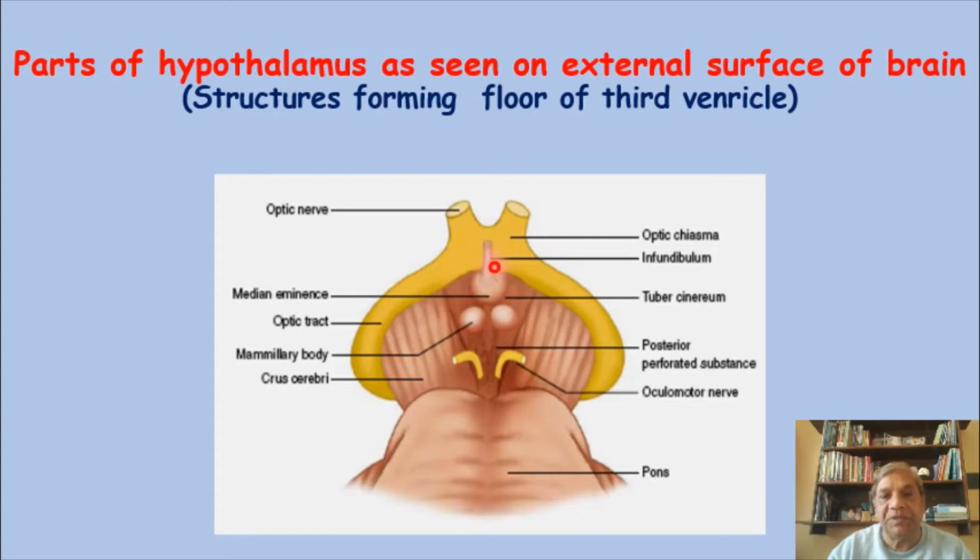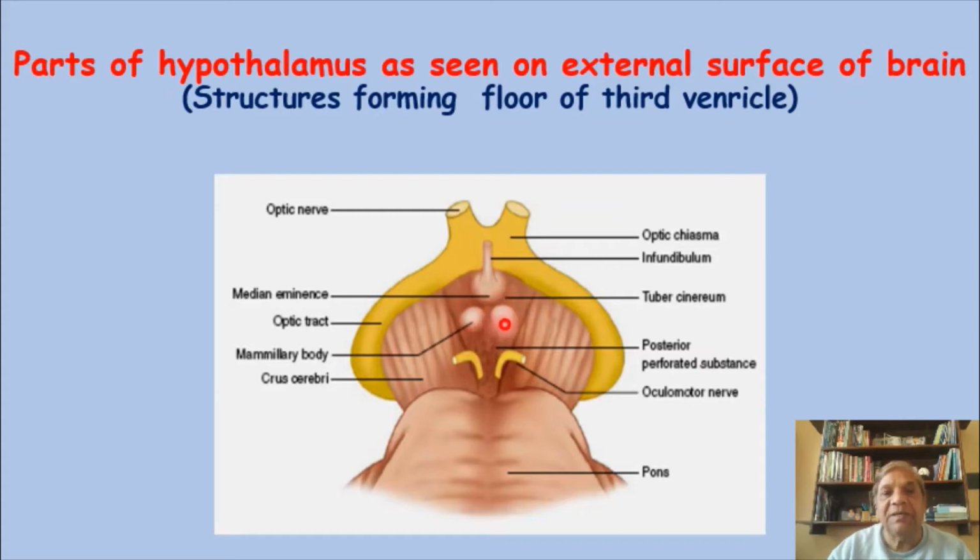If we see the parts of the hypothalamus which are visualized on the external surface of the brain, then this is the optic chiasma, then this is the median eminence, the tuber cinereum, and this is the infundibular stalk, which gives attachment to the posterior pituitary. So the infundibular stalk, the median eminence, the tuber cinereum, and posterior to these two rounded bodies are the mammillary bodies.